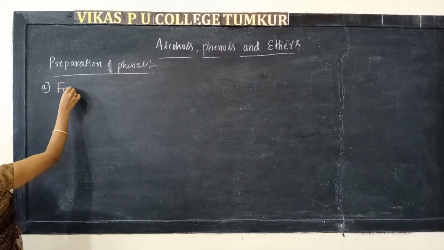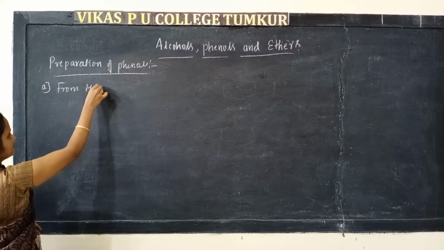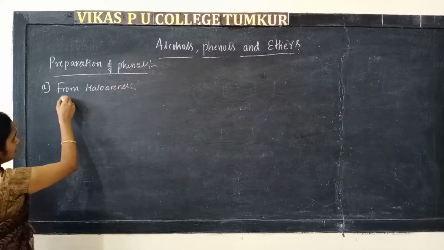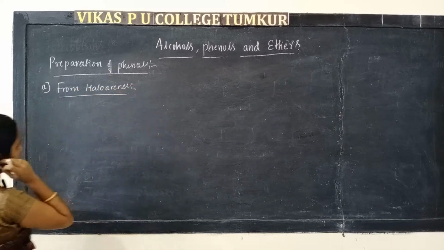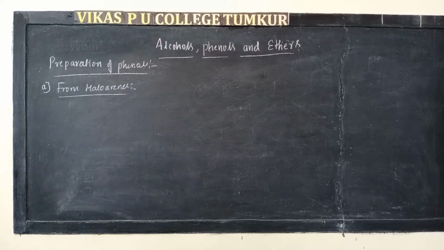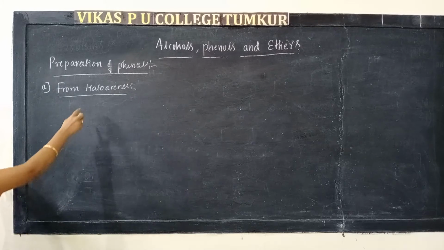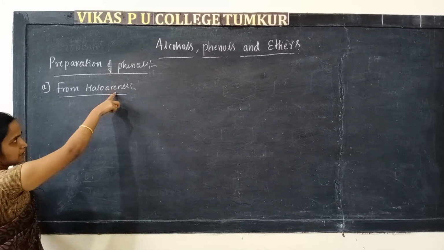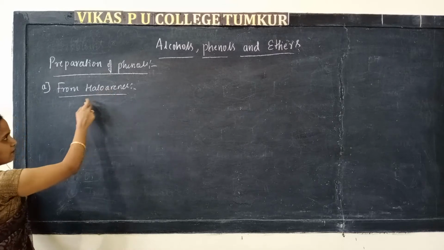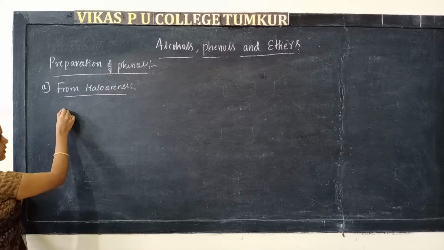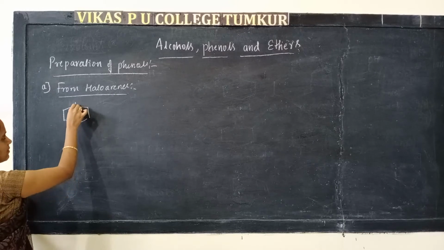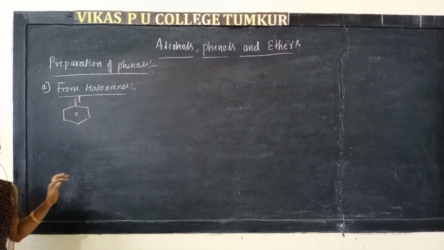A haloarene means a halogen-containing aromatic compound. I'll take chlorobenzene as the example.